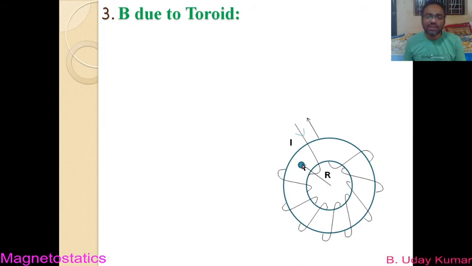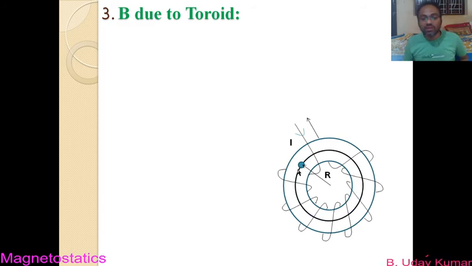Now you construct a closed path like this. This path is imaginary, so please remember it will not be there actually, but luckily along this imaginary path the magnetic field will be present.